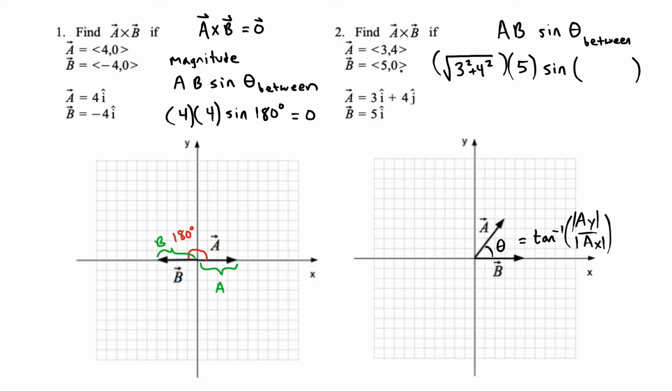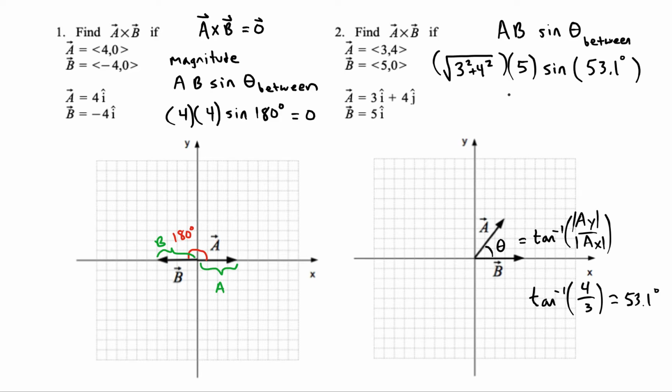If you know a vector's X and Y components, then you can find the angle of that vector with the tan inverse of, in this case, 4 over 3. So it's 53.1 degrees. So that's going to be your angle. So that would be the calculation to do.